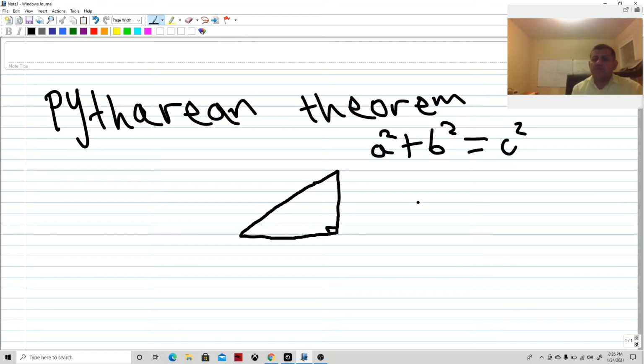We know that this is a c. What Pythagoras says is that this c right here, which we will see is called the hypotenuse in trigonometry, is supposed to be larger than the other sides for this to make sense, right?